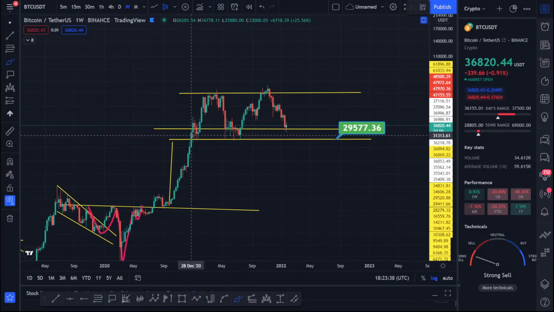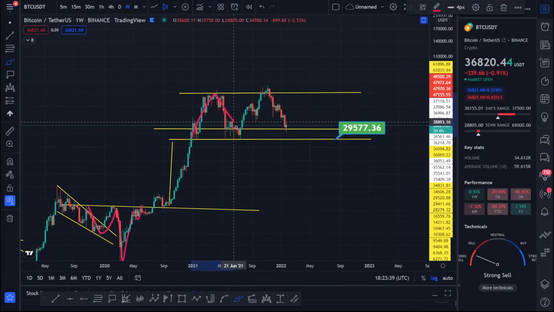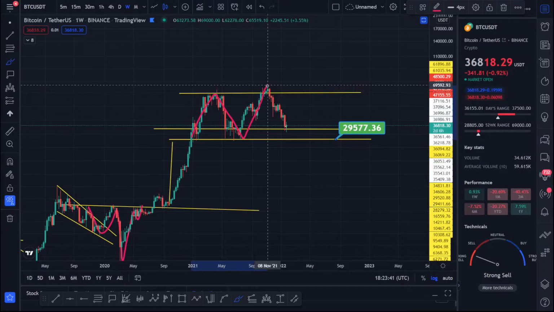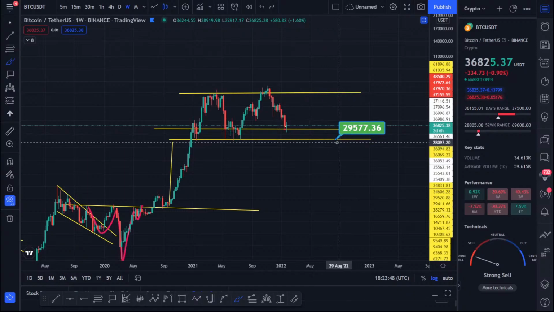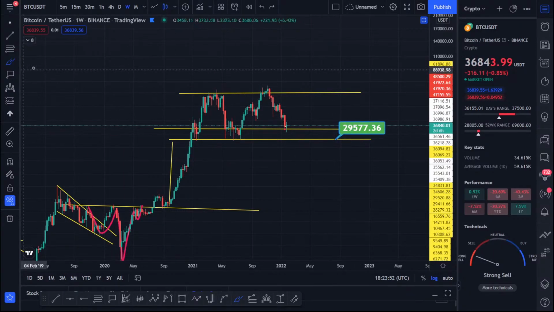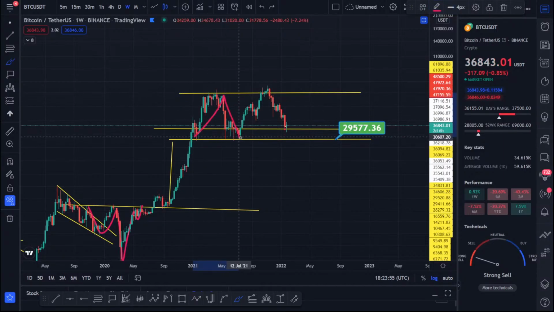But look at this now. Left shoulder, right shoulder, and then this shoulder. But if you say, no, this is not a bearish head and shoulder, it's a double top. Okay, great, it's a double top. Let's consider this as an M pattern, or a bearish double top.